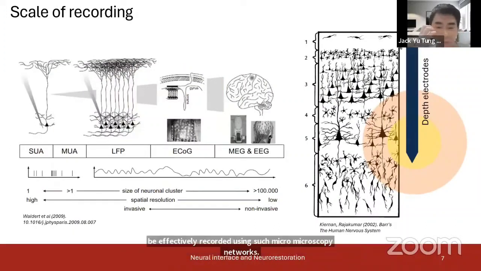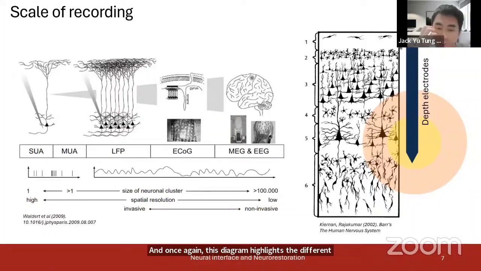And once again, this diagram highlights the different scales at which neural activities can be recorded. So one key question is whether micro-ECOG electrodes can capture neural spikes or action potentials, which are fundamental units of communication between neurons.